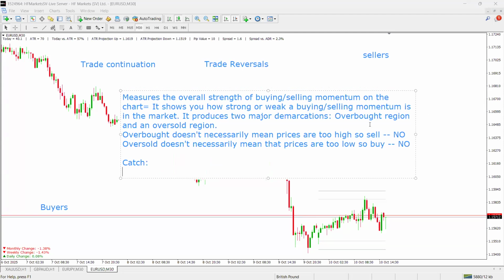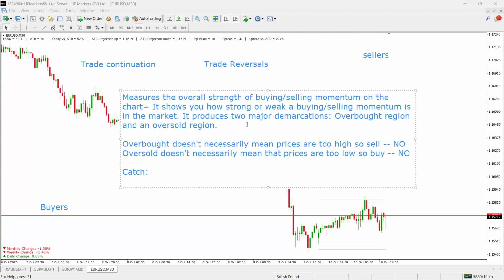And what's the catch here? The reason why overbought does not necessarily mean you should go and sell, or oversold does not necessarily mean you should go and buy, number one, the catch is the momentum or the market movement might have a recent, strong backing or catalyst.